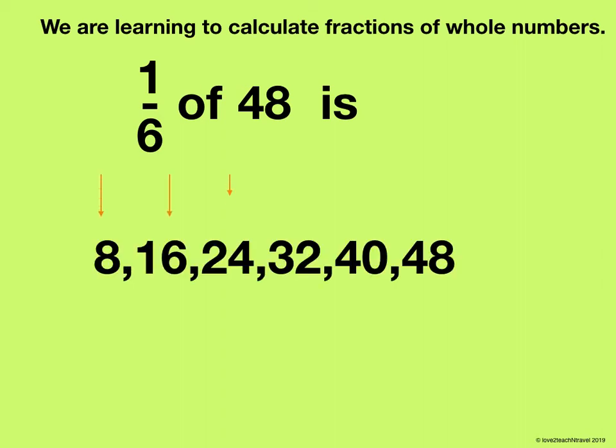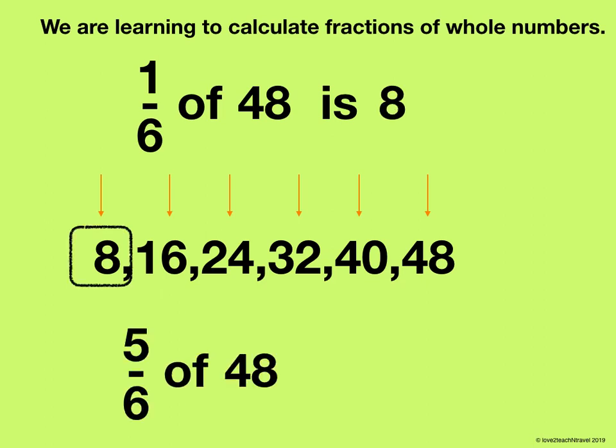So 8, 16, 24, 32, 40, 48, which you can see that there is 1, 2, 3, 4, 5, 6 equal groups of 8. So in this case, 1/6 of 48 is 8. 5/6 of 48 is 40.